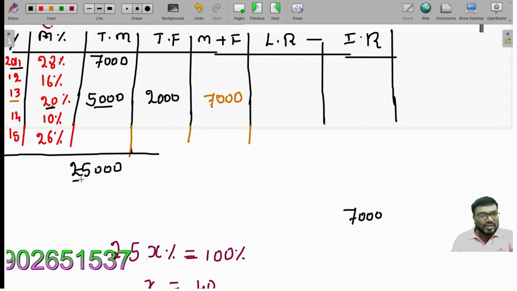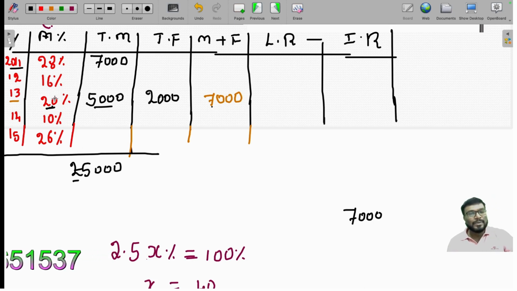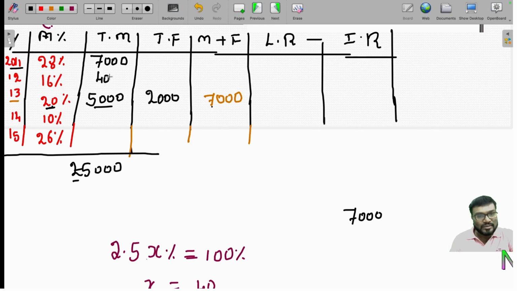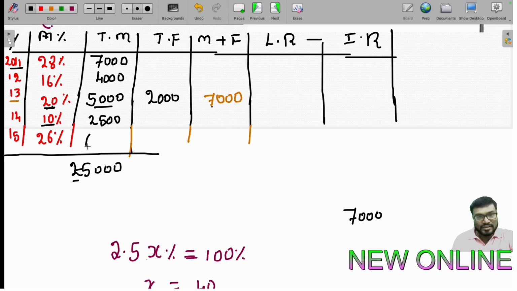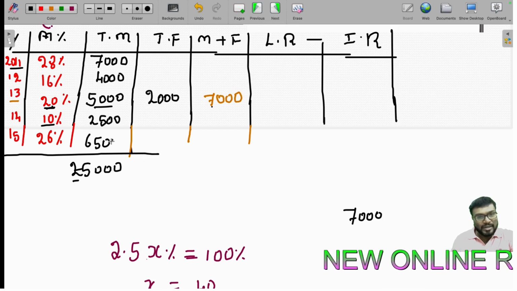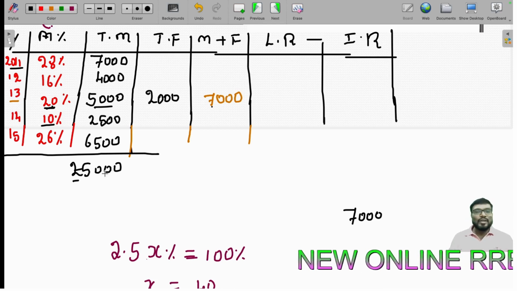Then 16% of 25,000, or 25% of 16,000, a percentage of b is equal to b percentage of a. 25% means one fourth, that is 4,000. This is 20%, we already know, 5,000. 10% will be 2,500. 26% will be 6,500. If I add all these numbers, it is equal to 25,000. Now I know total males.